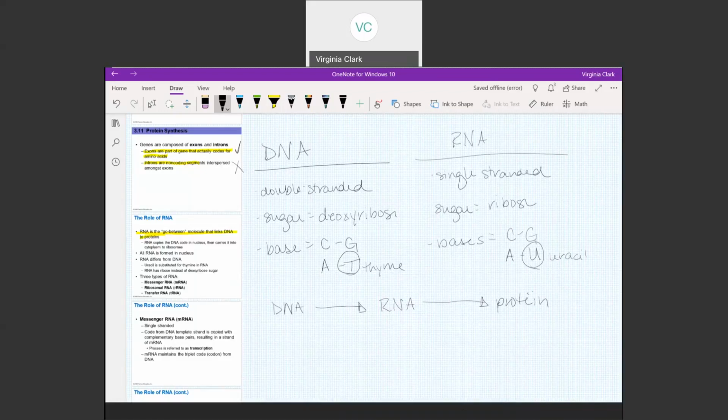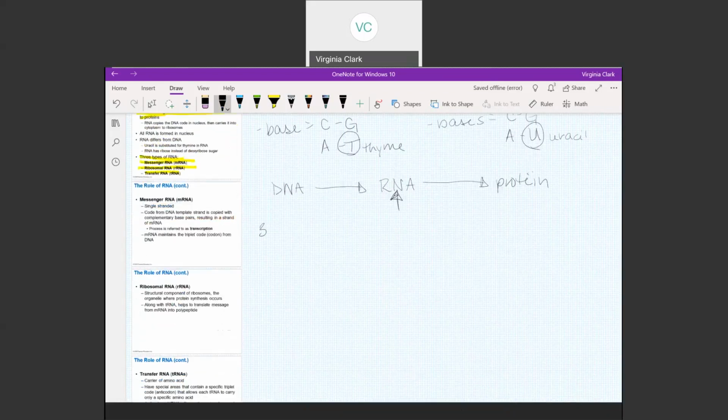This is an overview. There are 3 types of RNA: messenger, ribosomal, and transfer. So this is this in-between phase right here. The first one is messenger RNA.